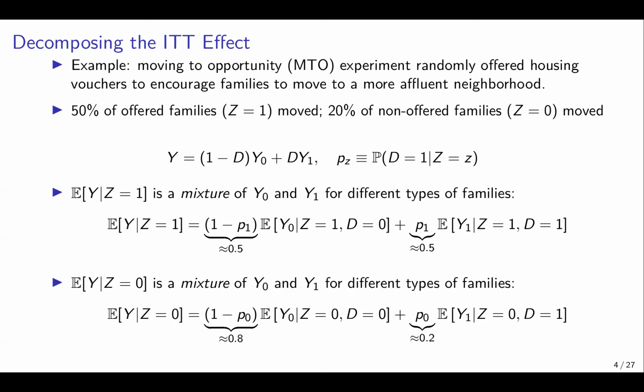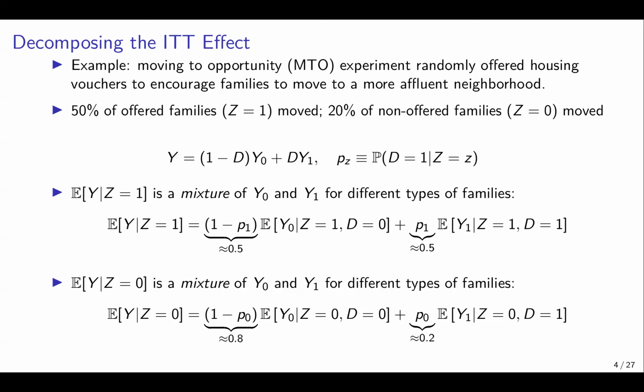So this P_z tells us the share of people with a particular treatment offer who actually take up treatment. So in particular, P1 would be the share of people who take up treatment among those who are offered, and we know that that's 50%. P0, on the other hand, that's the share of people who take up treatment among those who are not offered.